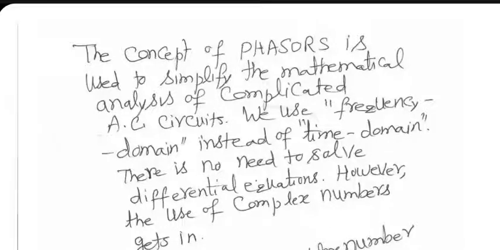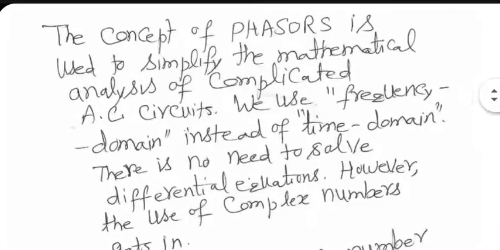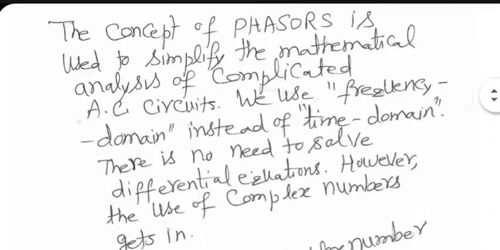So the phasors are a straightforward technique compared to time domain technique when it comes to mathematics, especially if the circuits are large and complicated. How do you define phasors? First of all, phasors mean a need to use complex numbers. And I think all of you are good in using complex numbers. I don't think I have to worry about that.